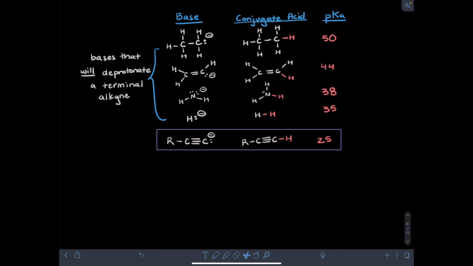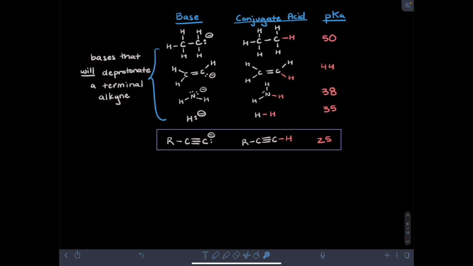So we can judge whether or not a base will deprotonate a terminal alkyne by looking at that base's conjugate acid and the pKa of that conjugate acid. Some examples of bases that will deprotonate terminal alkynes will be molecules where the pKa of the conjugate acid is greater than the pKa of the alkyne, so greater than 25.